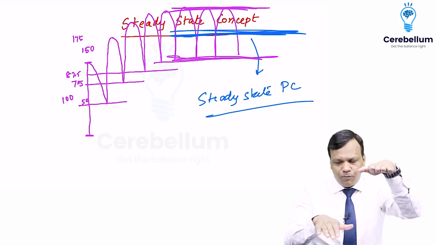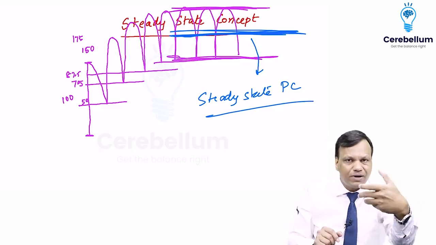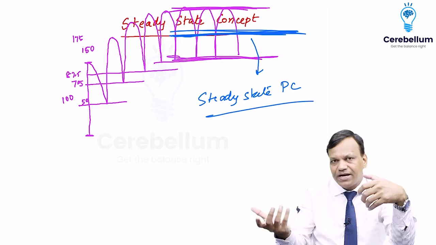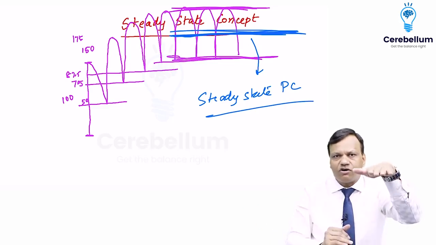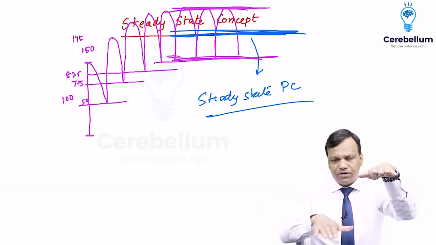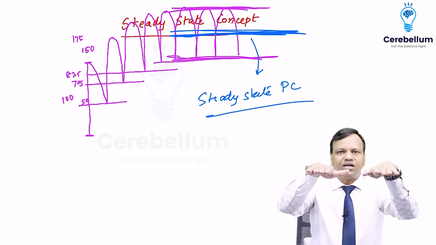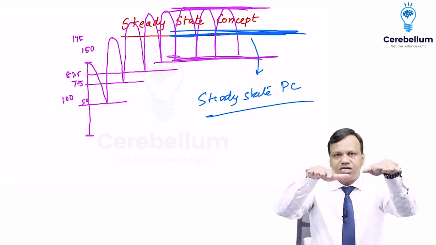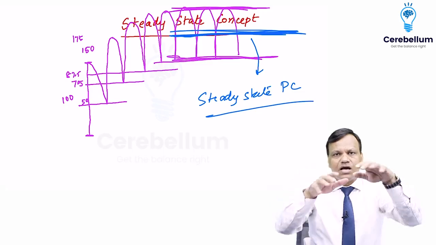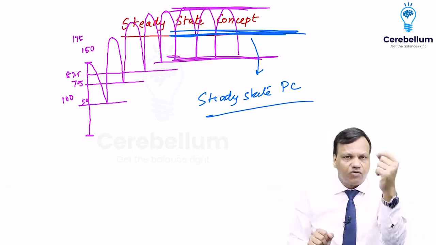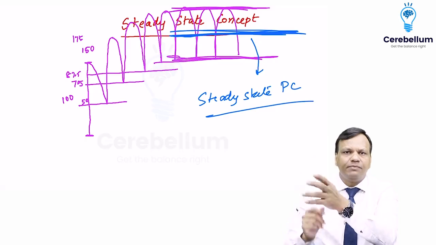So when we keep on giving, the drug will start staying in the plasma. Some of it will be eliminated also. So rate of administration we have kept constant, but rate of elimination was 0 initially, and it keeps on increasing. After some time, it will become equal. That means rate of administration is equal to rate of elimination. That means how much drug we have given in 12 hours, the same amount will be eliminated in 12 hours.